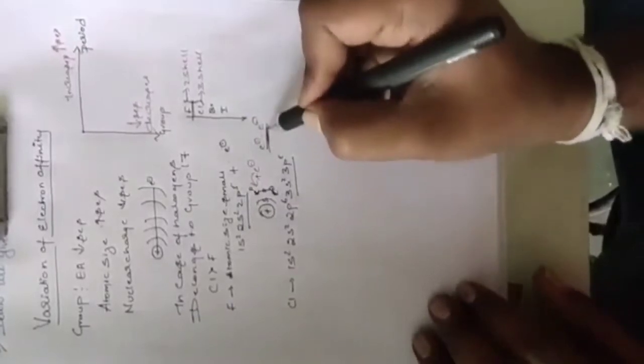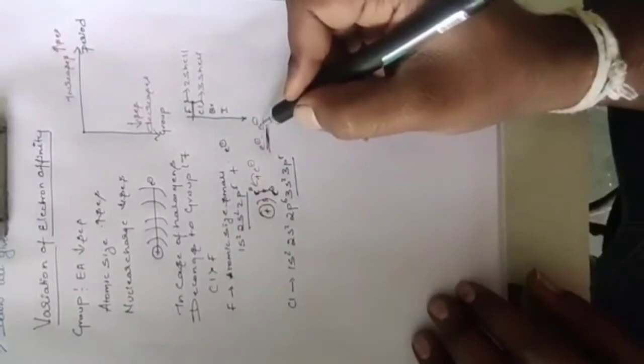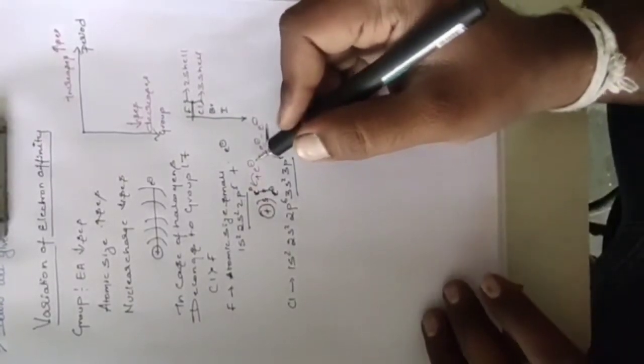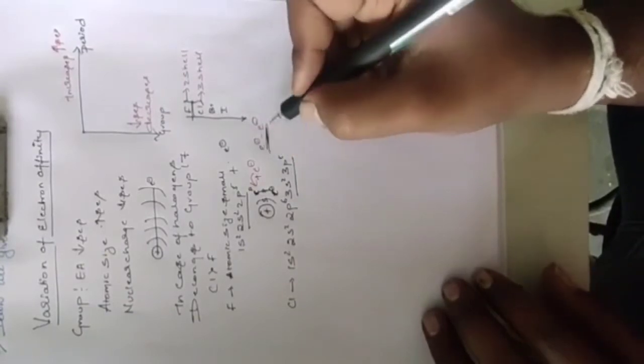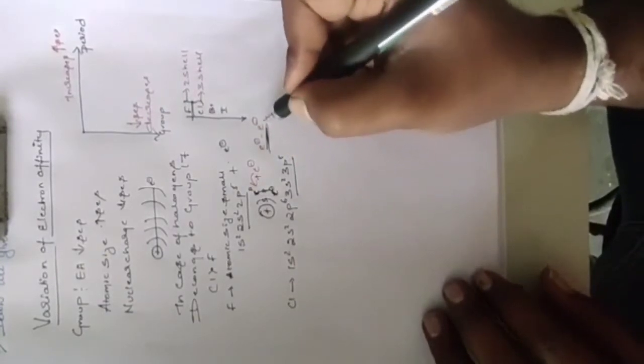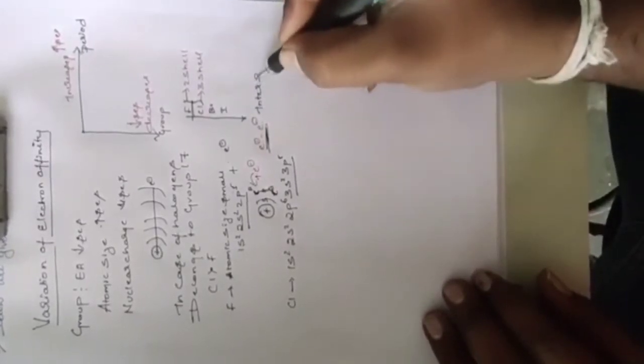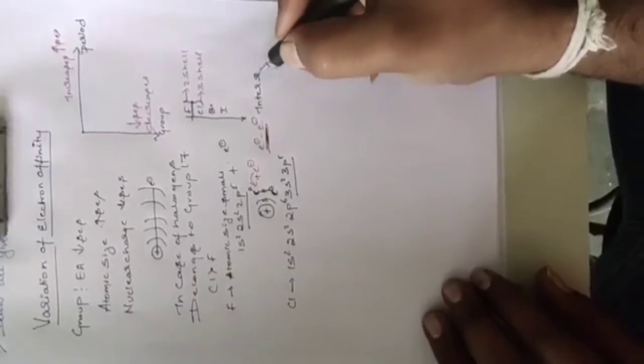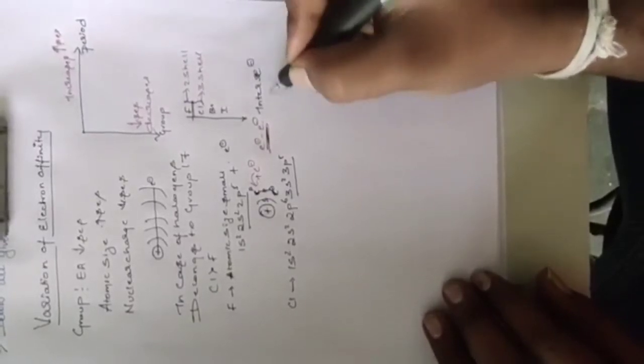In F, more repulsions occur in the p orbital, and we call it inter electron repulsions, or inter repulsions of electrons.